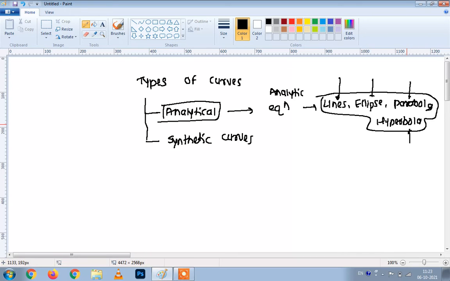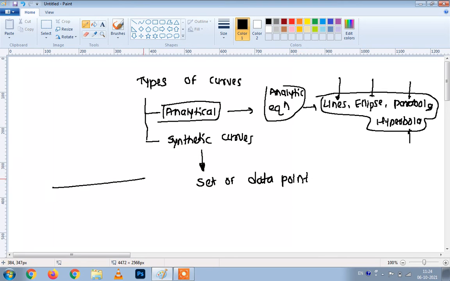Whereas in case of synthetic curves, the curve is not represented by analytical equations, but it is defined by a set of data points. Now, what is the meaning of set of data points? For example, there is some curve like this.